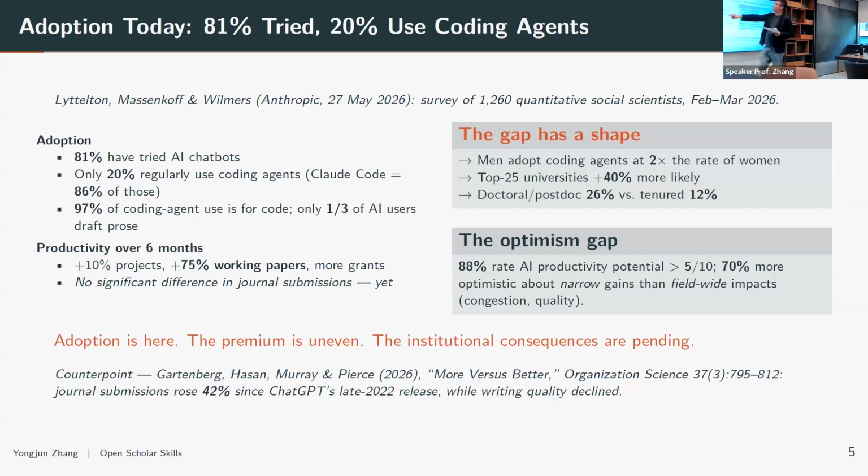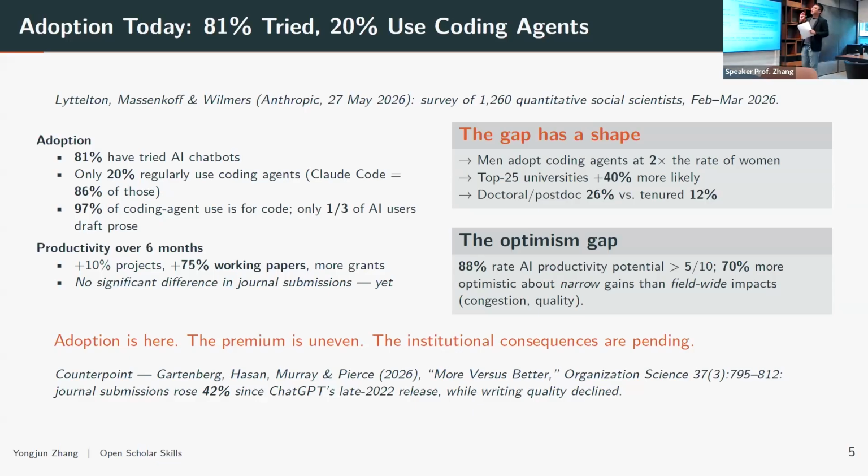They found that 81% of these respondents have tried AI chatbots. A lot. But only 20% of these quantitative social scientists regularly use some kind of coding agent, a majority of course Claude Code.